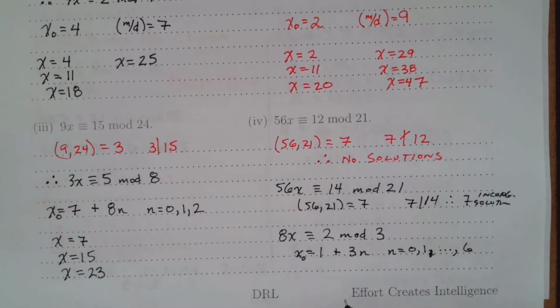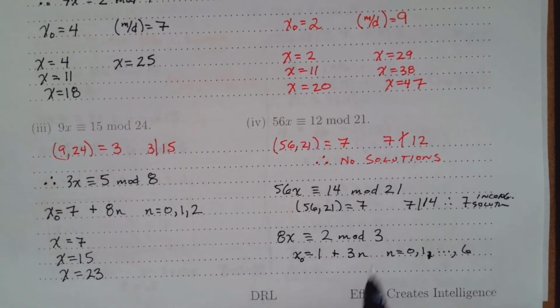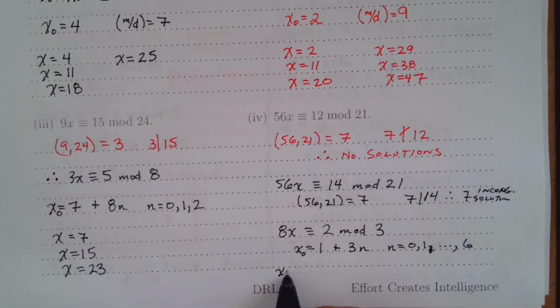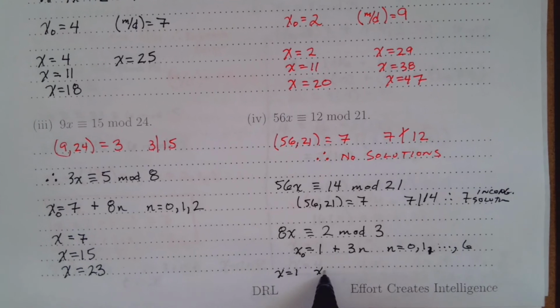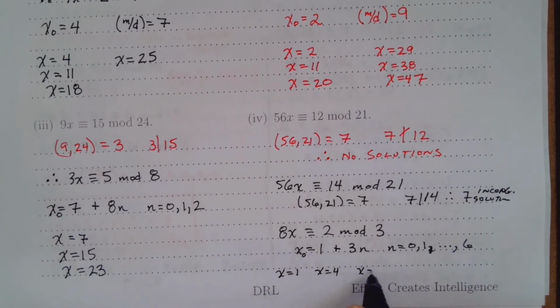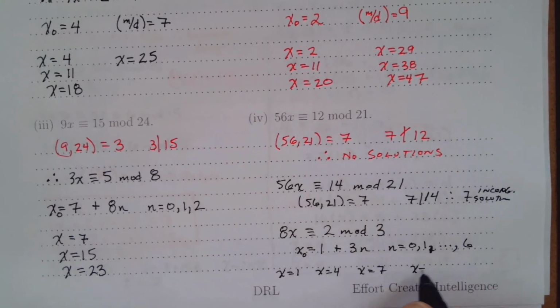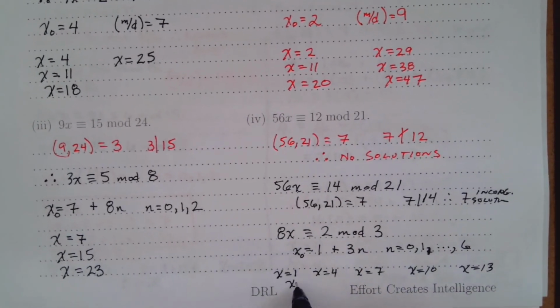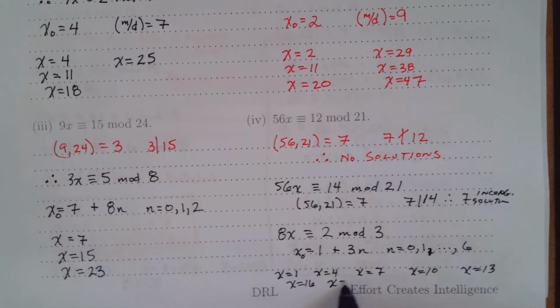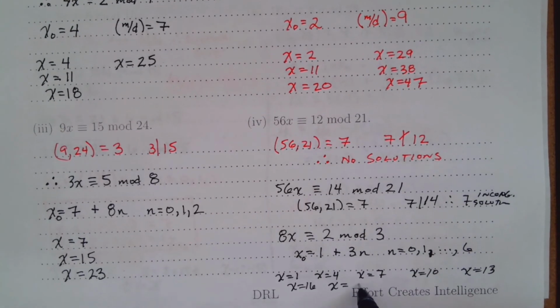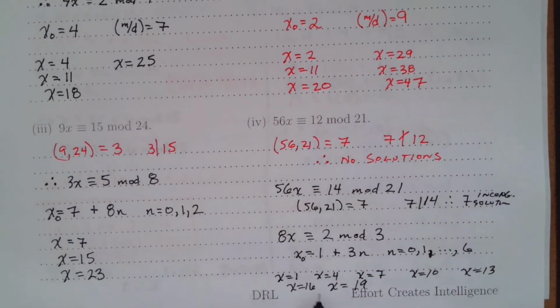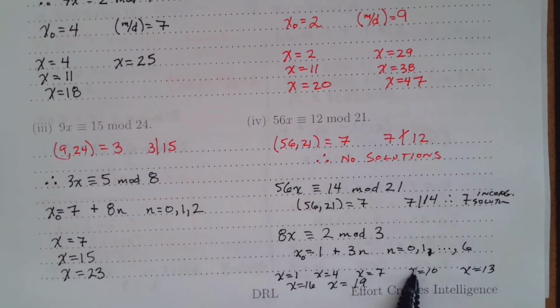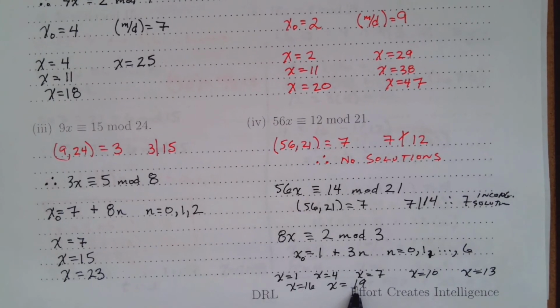Those 7 incongruent solutions would therefore be x equals 1, 4, 7, 10, 13, 16, and 19. 1, 2, 3, 4, 5, 6, 7 solutions.